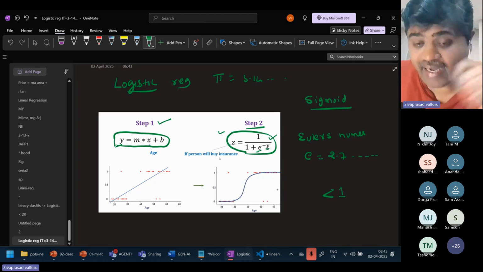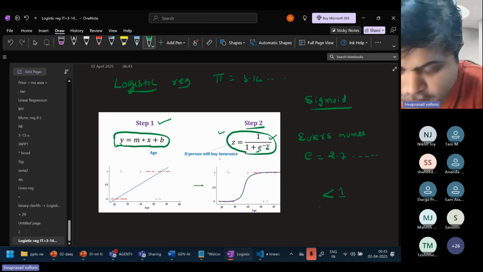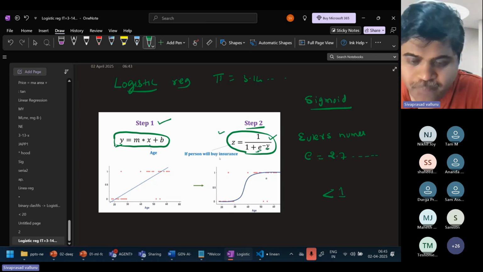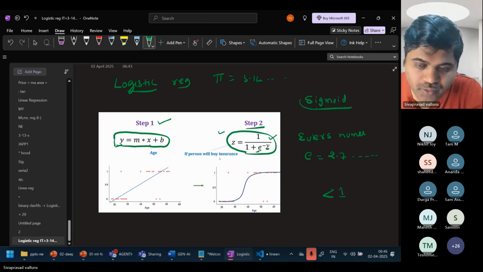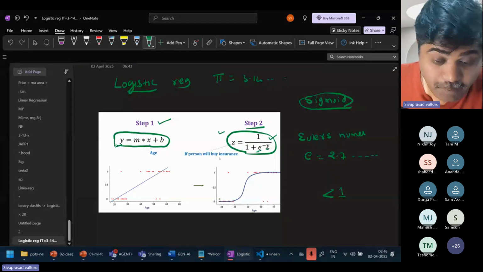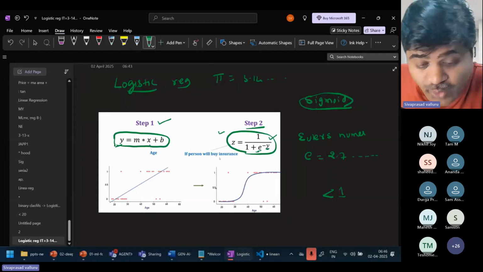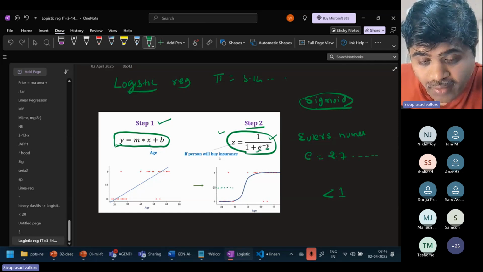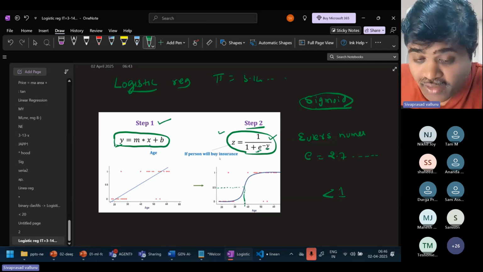Right? I'll get a graph like this. This is called sigmoid. It is like an S shape, right? This is the sigmoid curve. It is named after the scientist, right? So in this case, again we can draw a horizontal line here and a vertical line here.